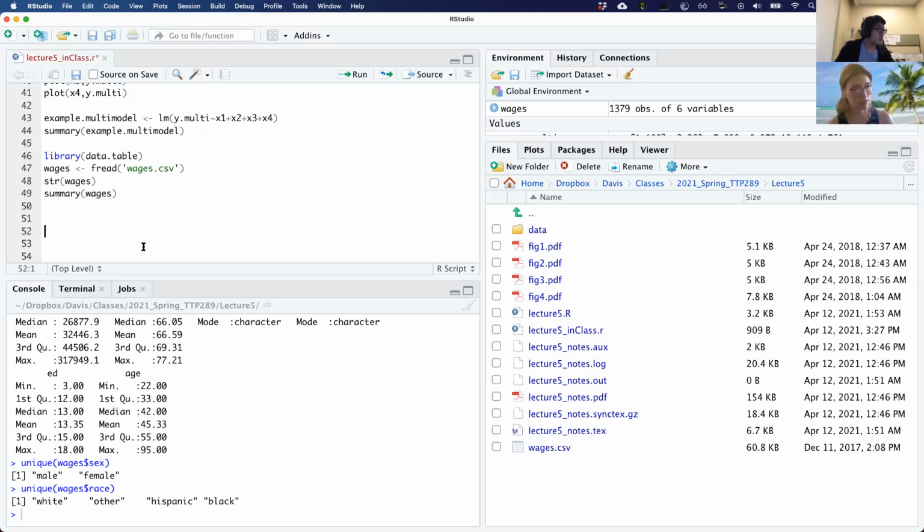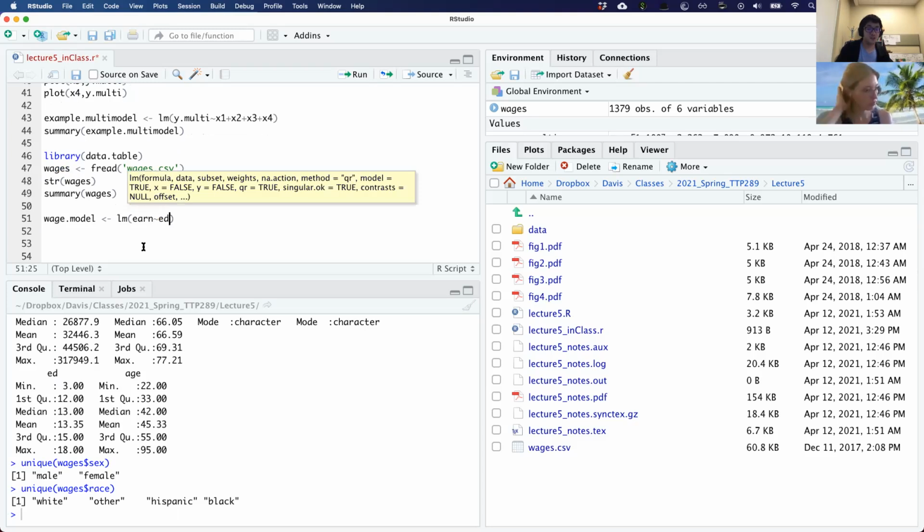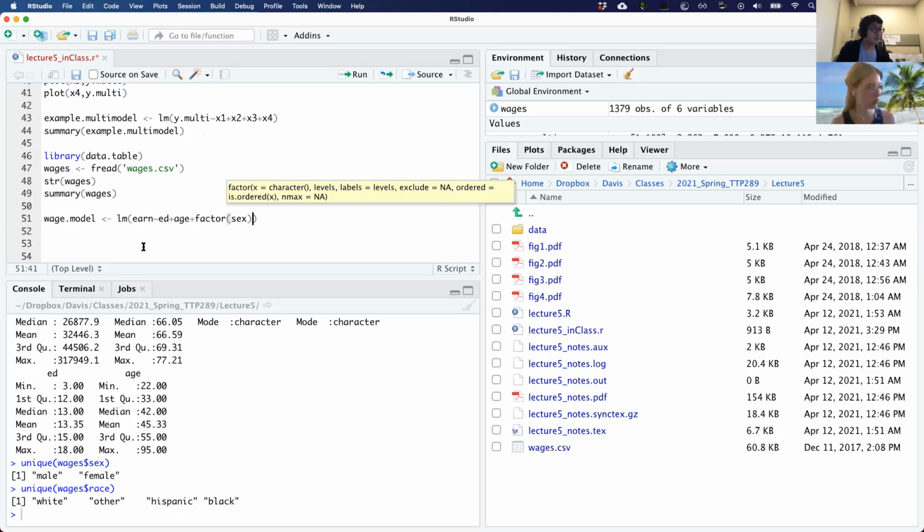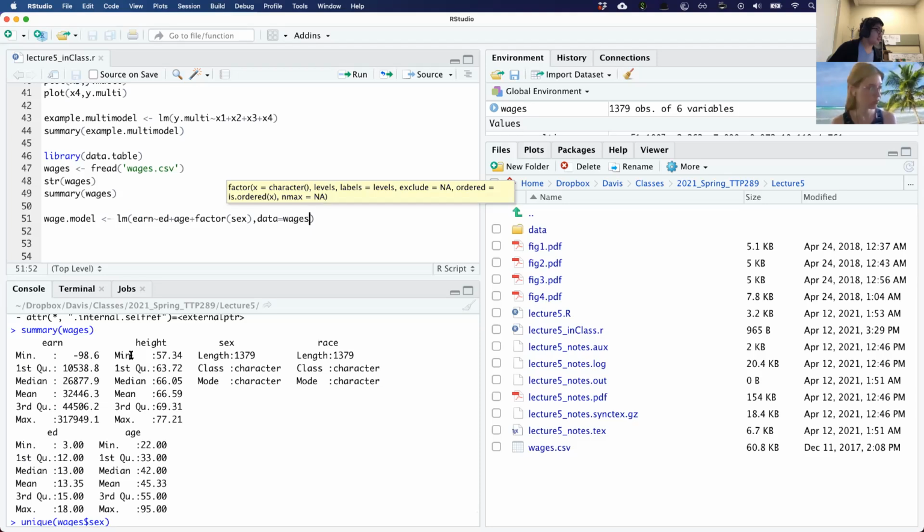So what I'm going to do now is run an initial model, and then let's look at the results and think about how to interpret this. I'm going to regress earnings on age and education.